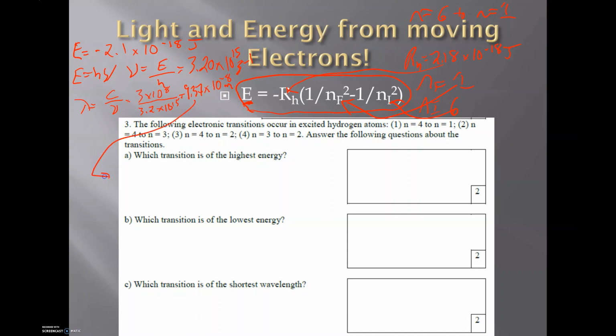So I'm going to take my 9.37 times 10 to the minus 8 meters, and convert this into nanometers. So we're going to multiply by 1 times 10 to the 9th. So doing that now, we get 93.8 nanometers. So that is the wavelength of light that would be released from 6 to 1, and that is a pretty small wavelength to begin with, and this would be representing UV light.